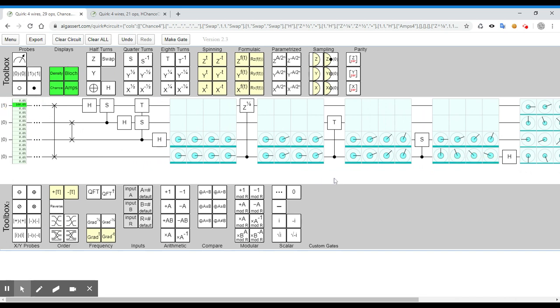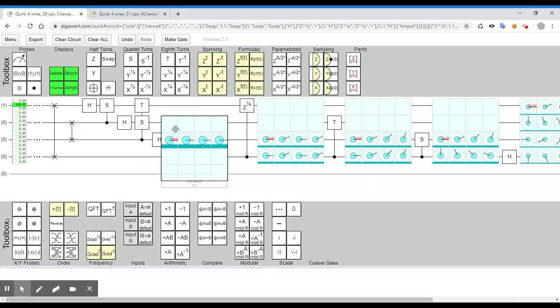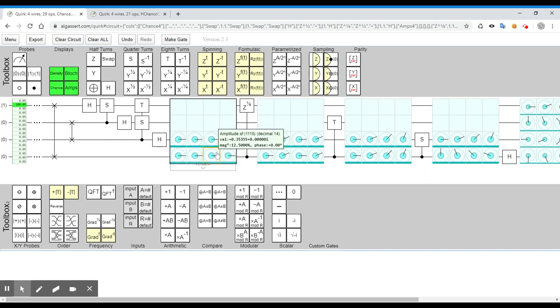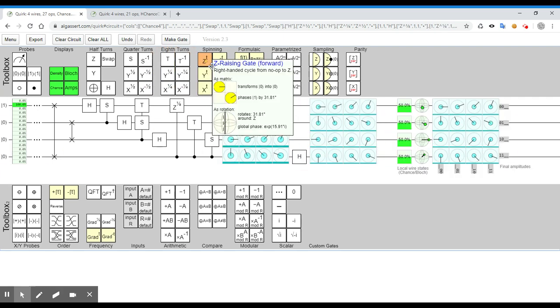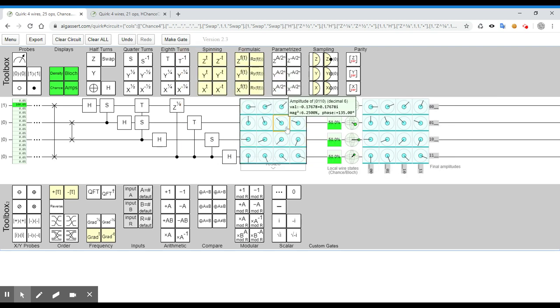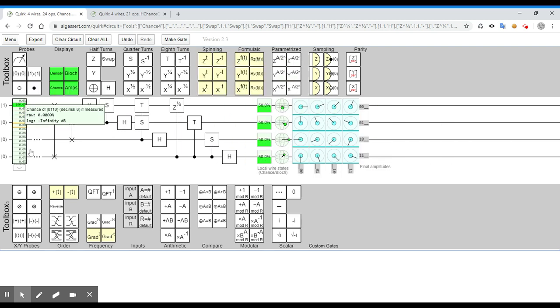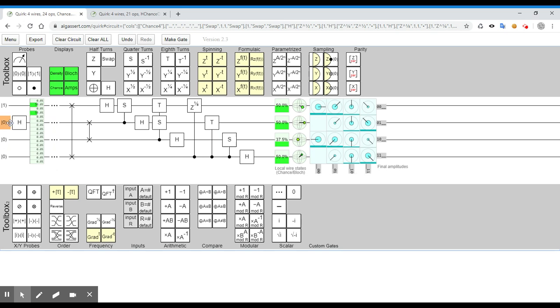So that's the essence of this version of the circuit: rotating the phase as a function of the importance and the weight that a particular qubit might have in the binary representation of your frequency, and that extends linearly to superpositions.